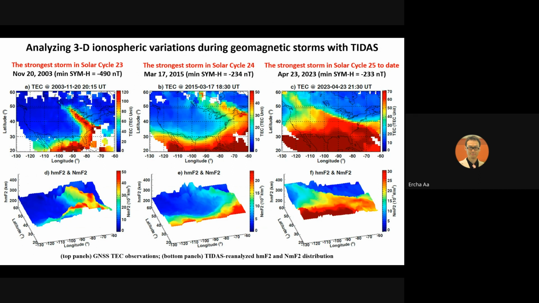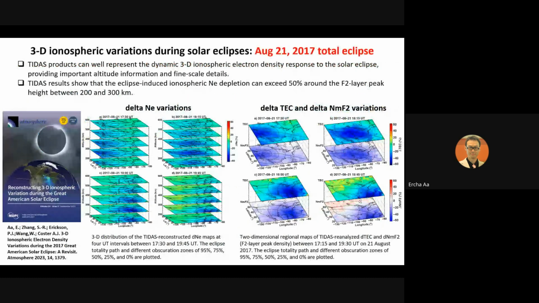Previously I talked about some other storm events, but here I want to talk about another topic, the solar eclipse. I think many people might still remember the 2017 Great American Total Solar Eclipse, and maybe many of you watched the April 8th solar eclipse one month ago.